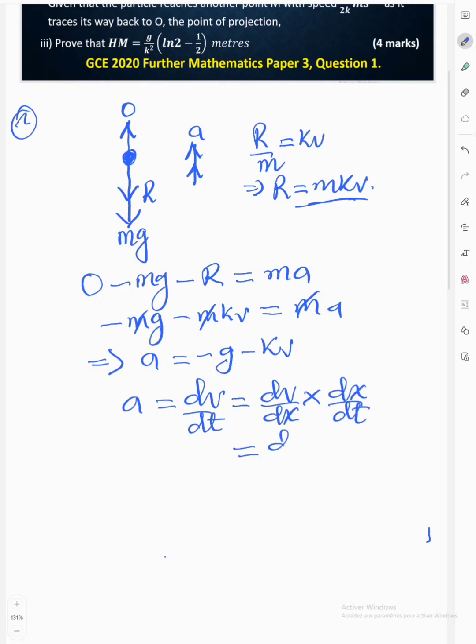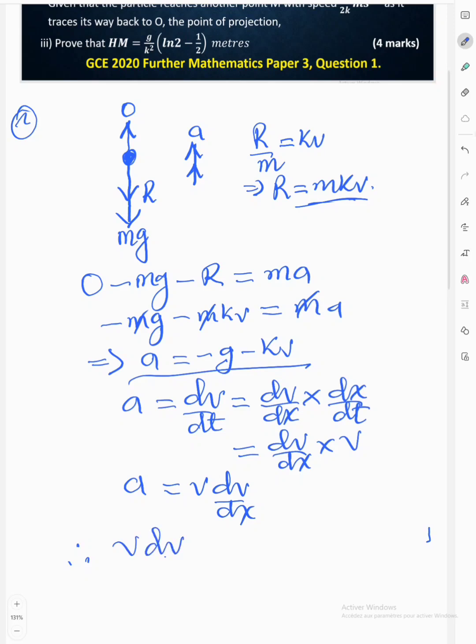Rate of change of displacement is the velocity or the speed. So we are saying that a would also be written as v dv dx. So we have now that the equation a equals negative g minus kv will become v dv dx equals negative g minus kv, as required.